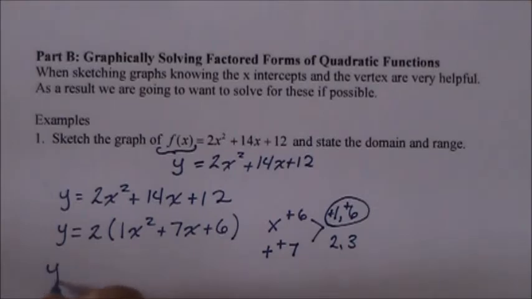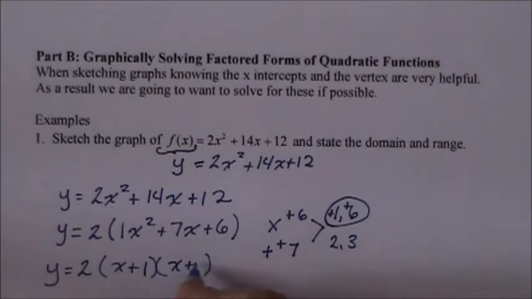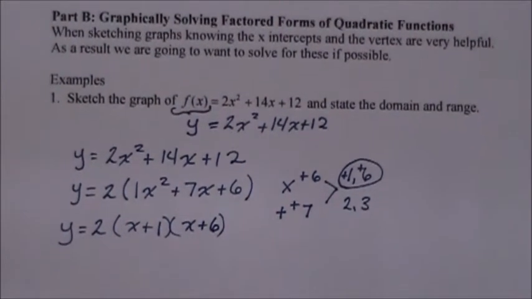So using our brackets, we have y equals our 2 still out front. Now our 2 sets of brackets. We're going to go x at the front of each set, and then one of each of these two numbers in, so plus 1 and plus 6. So now we have it in factored form.